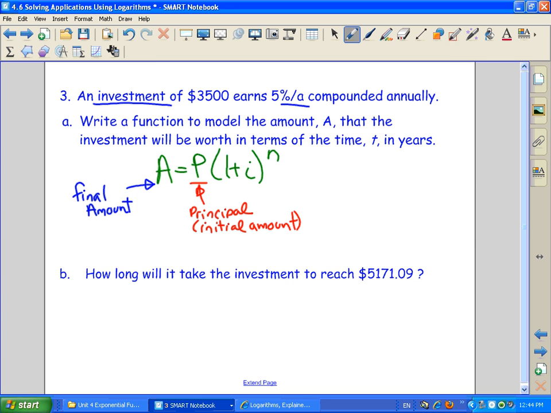Okay. And ladies and gentlemen, the n is your time factor. And i is your rate of interest.